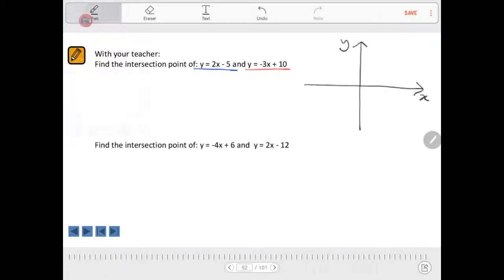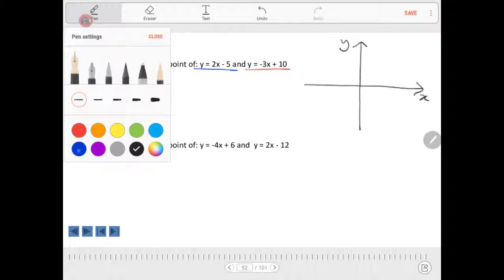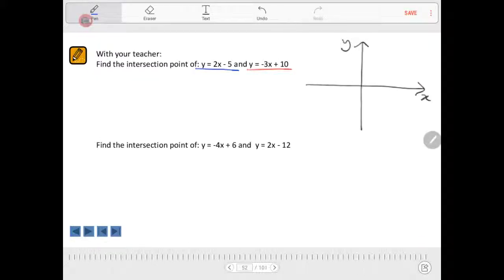Okay, so the blue line, a really quick rough drawing, not using a ruler because it's too hard on my tablet to use a ruler. 2x take 5 will look something like this. Cutting here at negative 5 and at 2.5 up here.